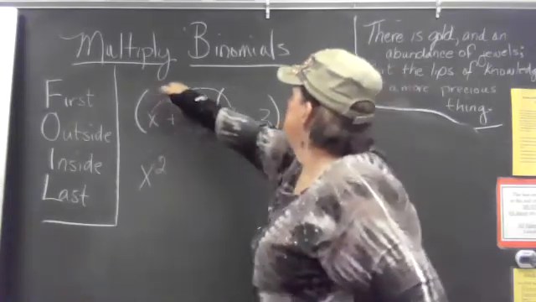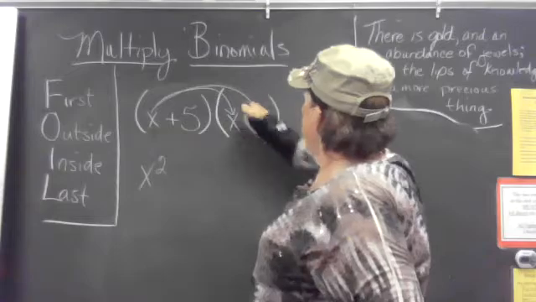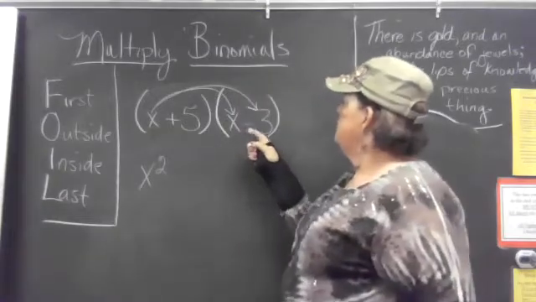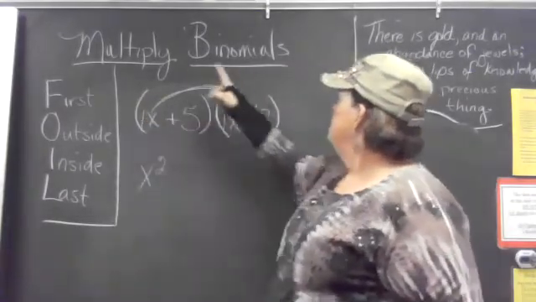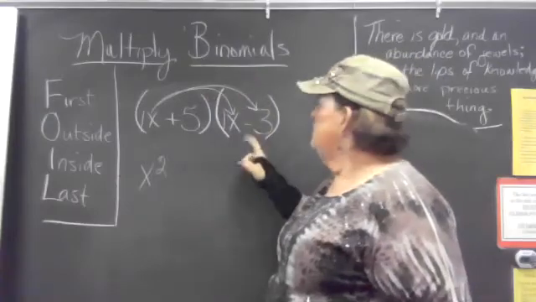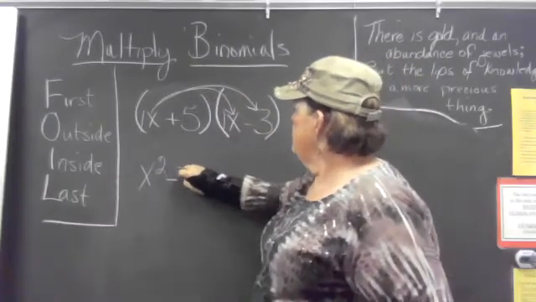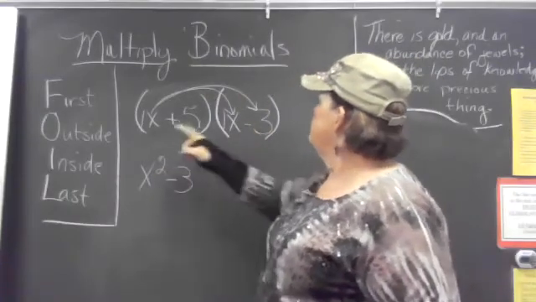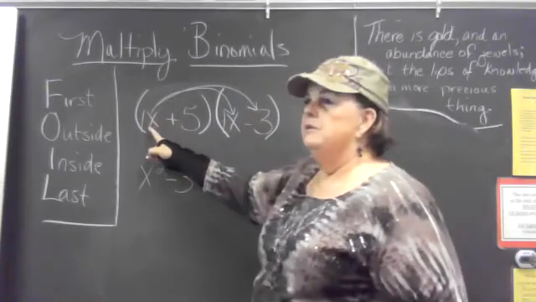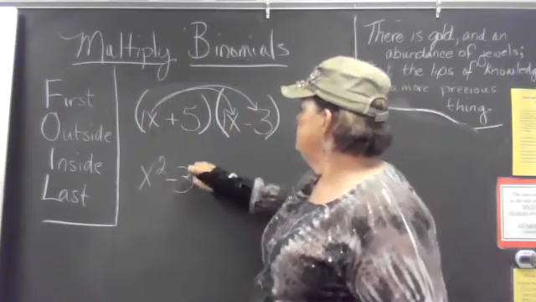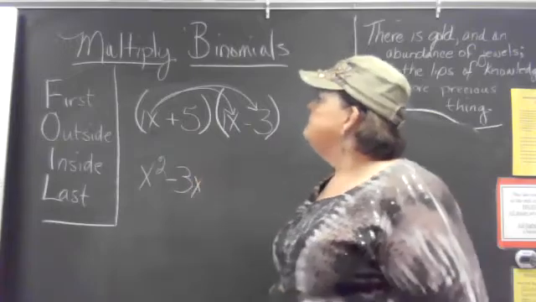So we're going to take the x and multiply it by a -3. So 1 times a -3 is a -3, but I'm multiplying it by an x. Y'all see? So I have -3 x's.